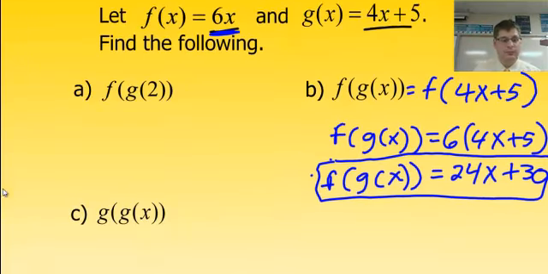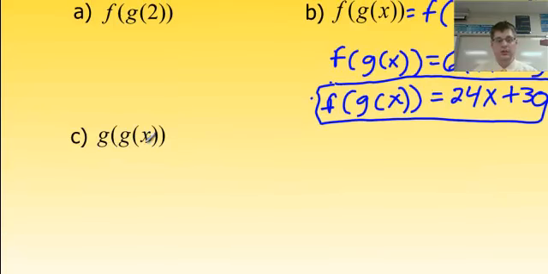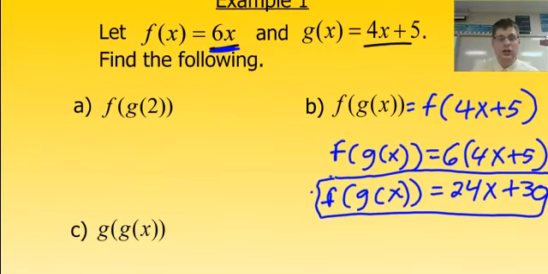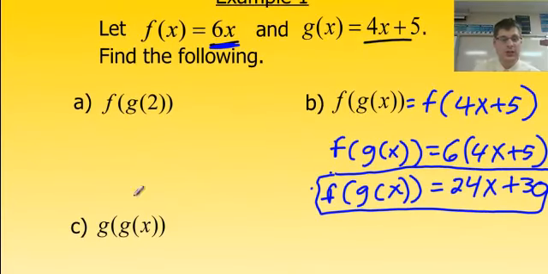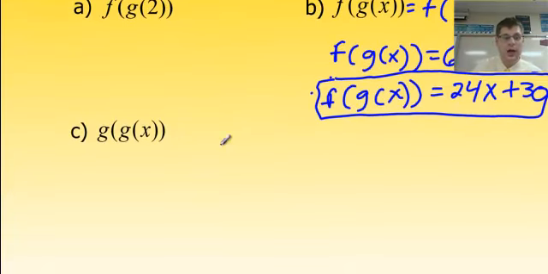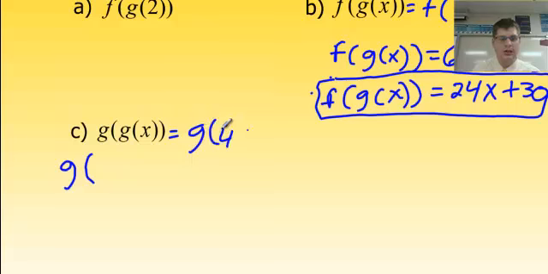You can even substitute a function into itself. That's allowed. So for instance, here I have g of x, and g of x is 4x plus 5. So I would just simply say g of g of x is equal to g of 4x plus 5.